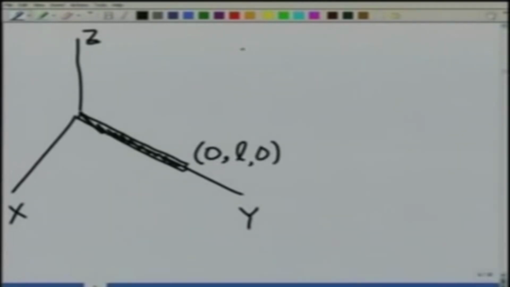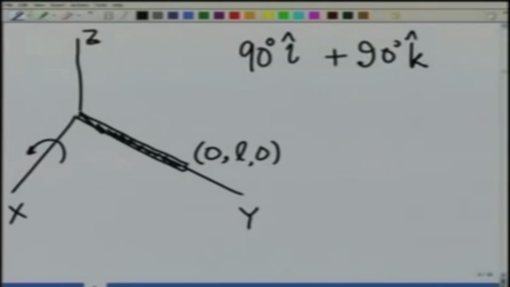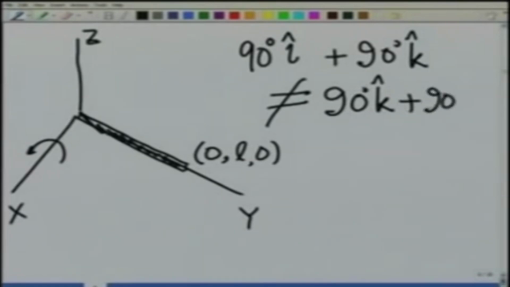Then I first gave it a rotation of 90 degrees about the x axis in counterclockwise sense, and then rotated it about the z axis again by 90 degrees. This was not the same as rotating it first about the z axis and then about the x axis. Let us see it mathematically.